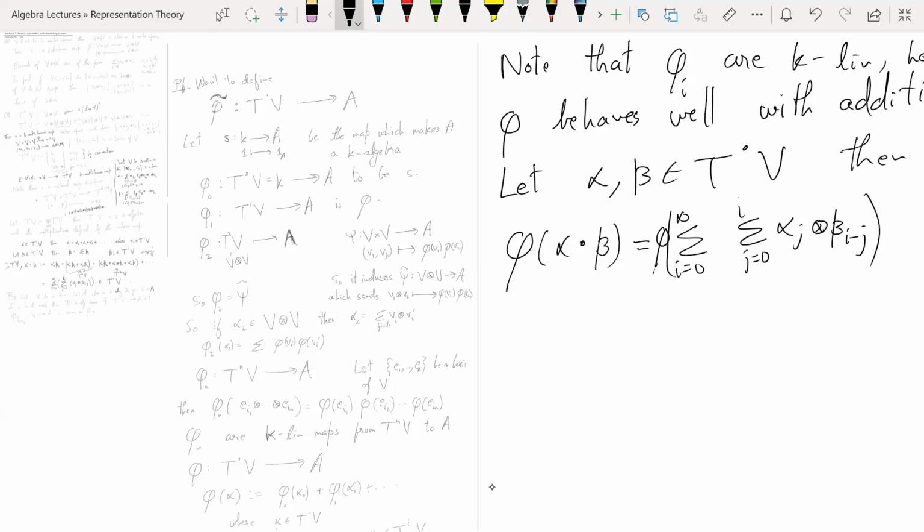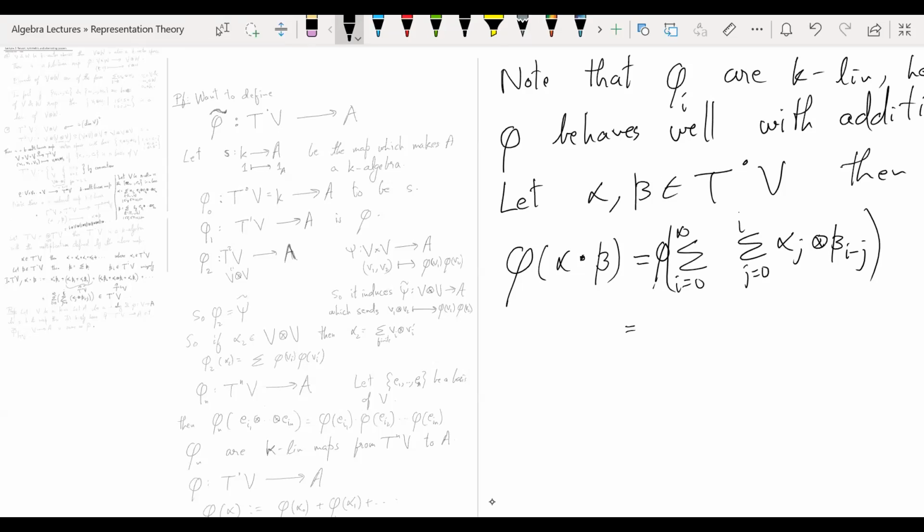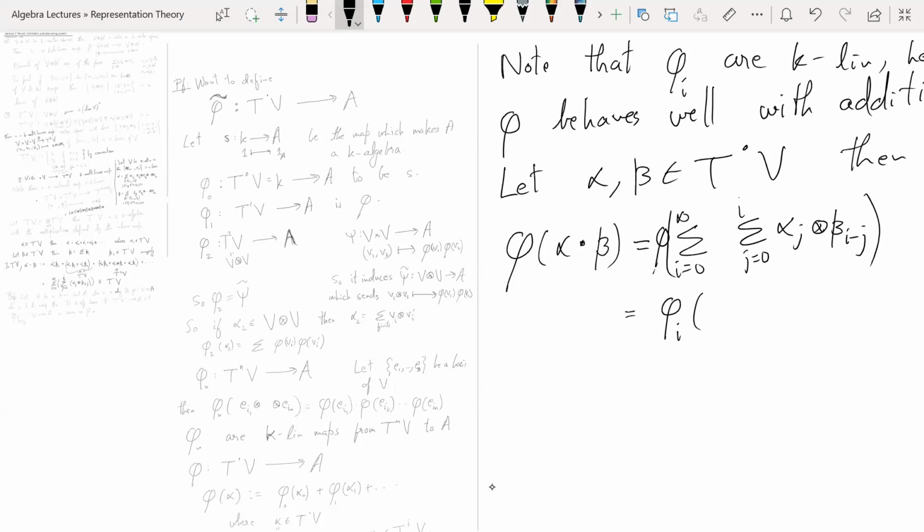By definition, phi of this is phi i of whatever is in this smaller bracket. So sum i equals 0 to n, phi i of the sum j equals 0 to i of alpha j tensor beta i minus j.